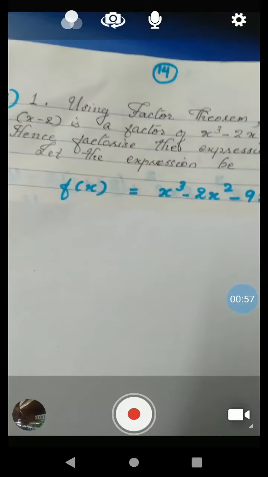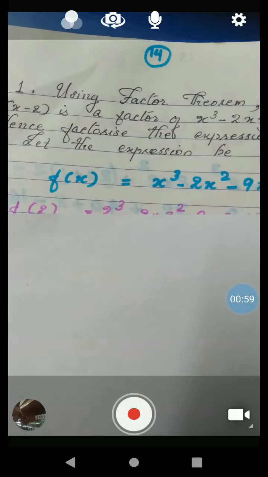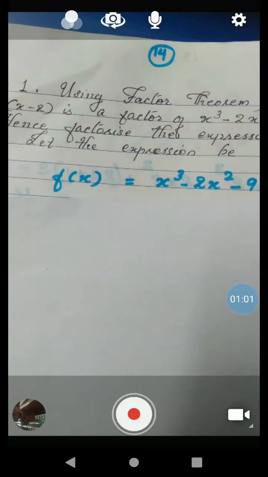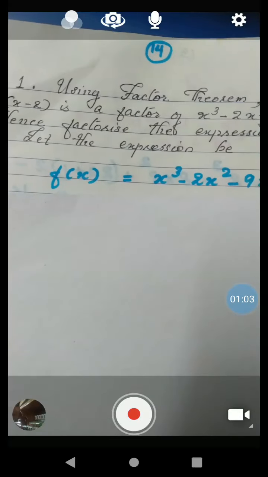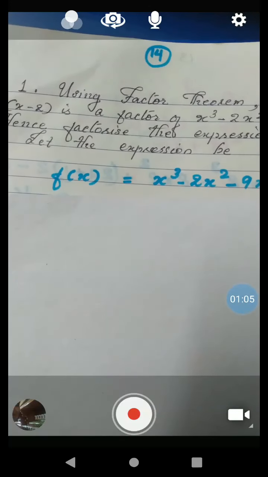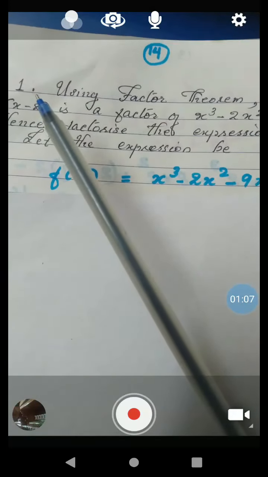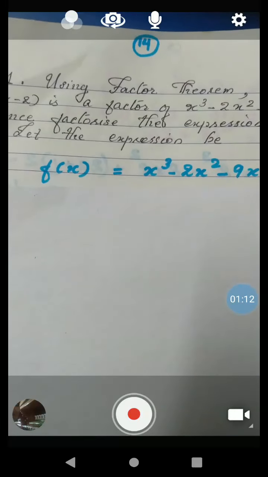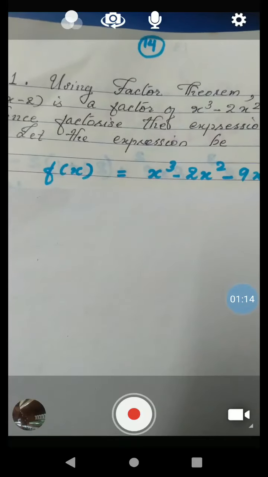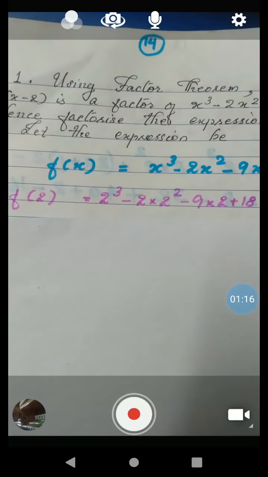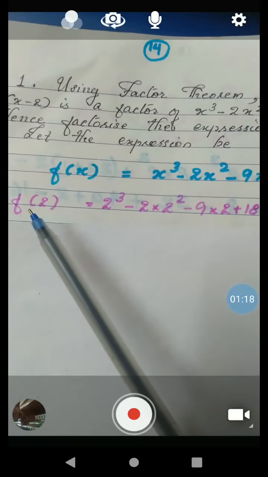So, how can we show it is a factor? We know if we can show f of 2 is equal to 0, we can say that x minus 2 is a factor of this expression. That is the factor theorem. So, we can find what is f of 2.